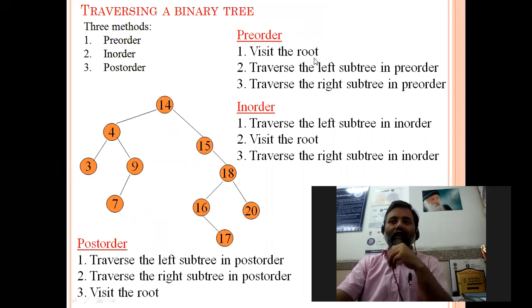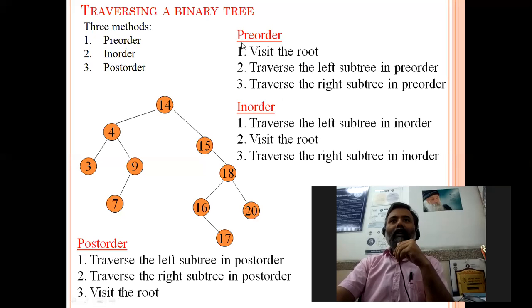When we say pre-order, it means we will traverse the root first. When it is in-order, it means the root will be in between. And when it is post-order, it means we will traverse the root at last.